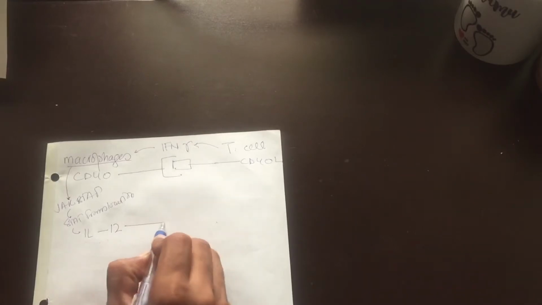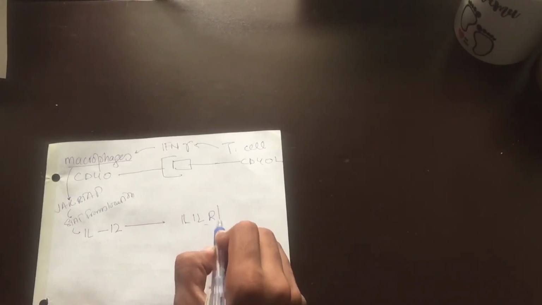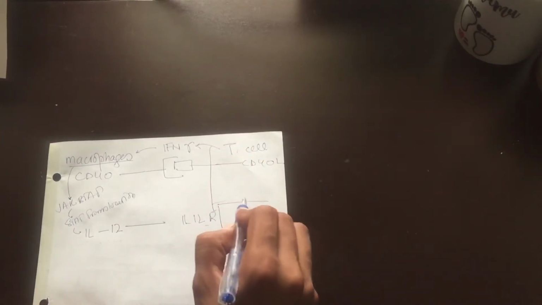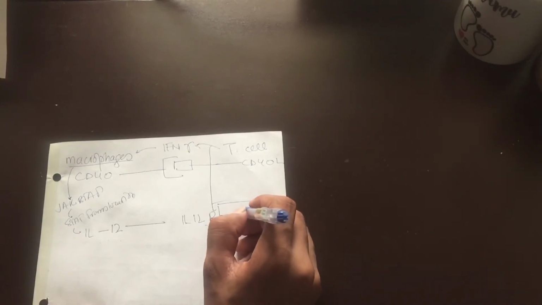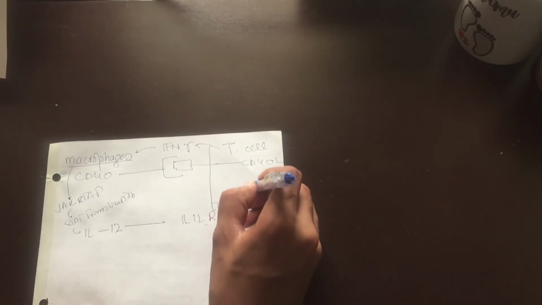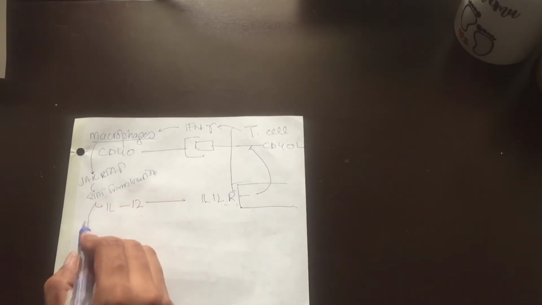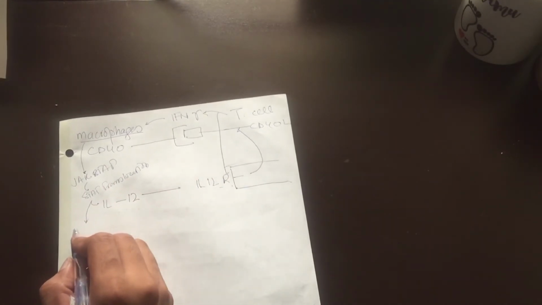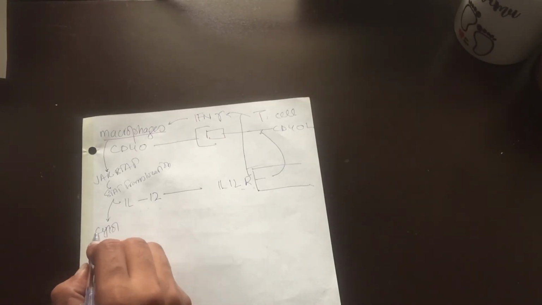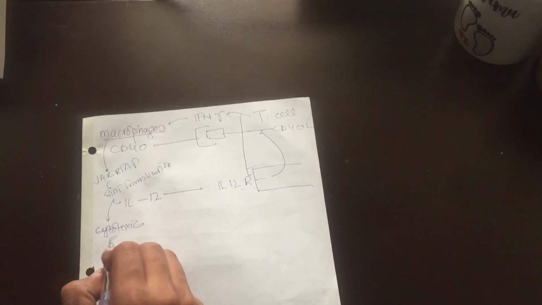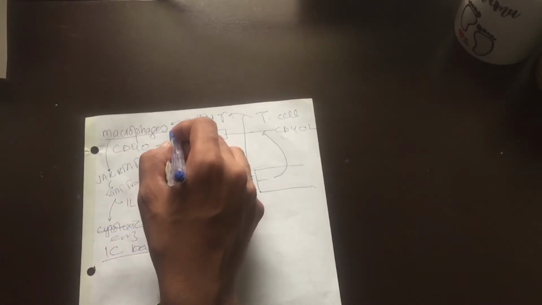This interleukin 12 goes to the interleukin 12 receptor on the T cells, which again enhances production of interferon gamma. It also releases cytotoxic enzymes to kill intracellular bacteria in the macrophages.